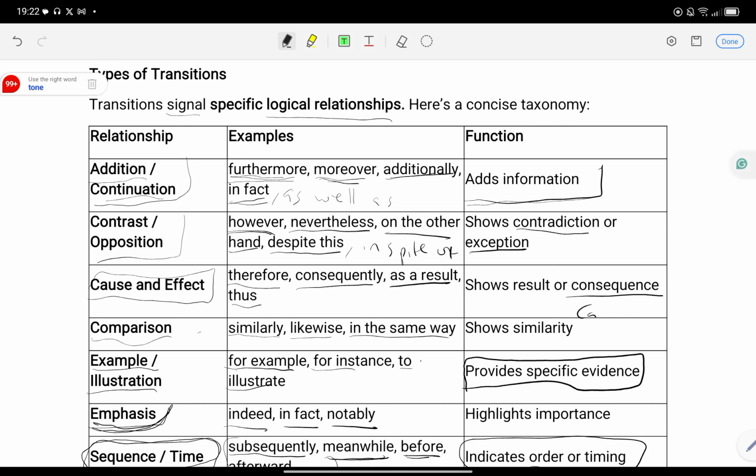Next, we have the logical relationship of contrast or opposition. In the case of contrast, contrast just means when you are saying a new idea that contradicts the previous one. We have words like however, nevertheless, on the other hand, despite this, in spite of.